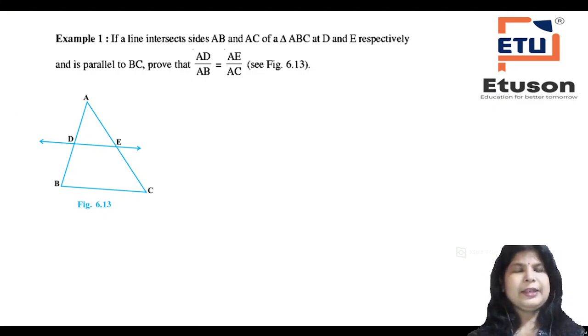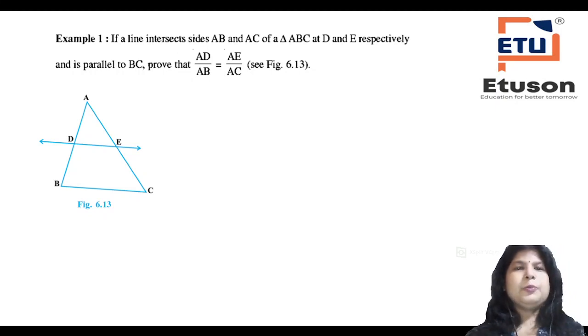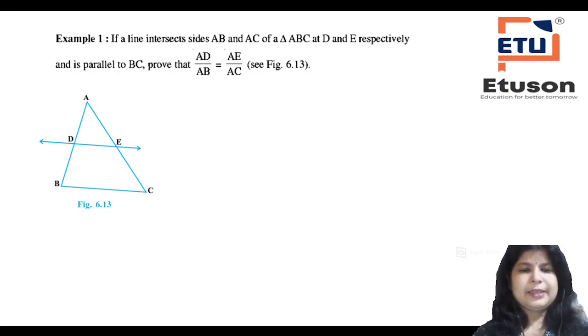If a line intersects sides AB and AC of a triangle ABC at D and E respectively and is parallel to BC, prove that AD by AB is equal to AE by AC. Correct? So this is what your question is.